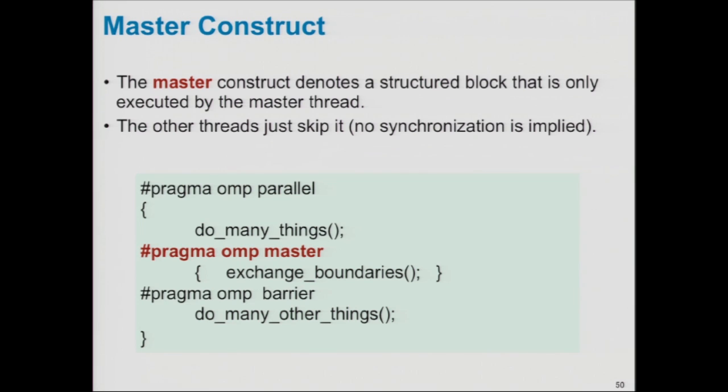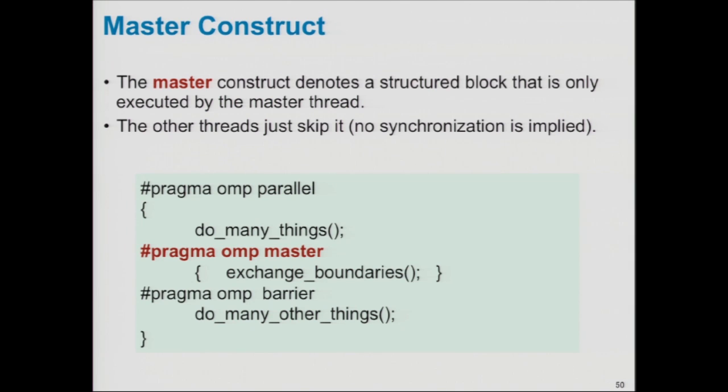All right, so the master construct is considered a synchronization construct. We're running in parallel, and we only want code to be executed by a single thread. So we can use the master construct to do that, and that says take one special thread called the master thread and execute this there.